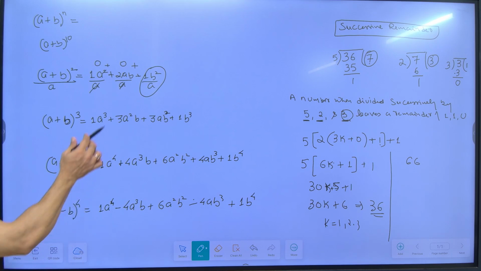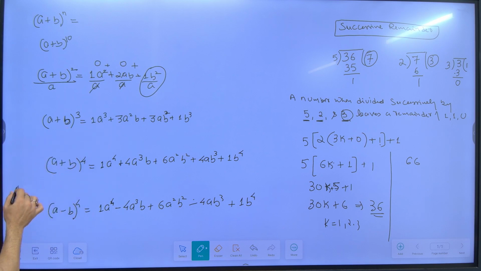If your b square is less than a, suppose you have to divide b square with a. If this number is a smaller number, for example, suppose this is 1 square, which is 1, and let's say a is 3. So when 1 is divided by 3, what is the remainder? Remainder is 1 only. 1 is not divisible by 3, right?